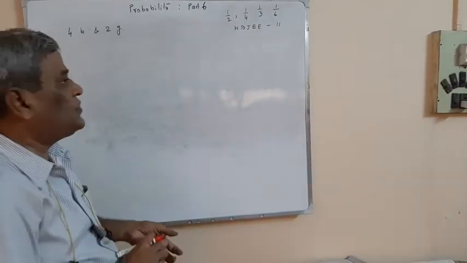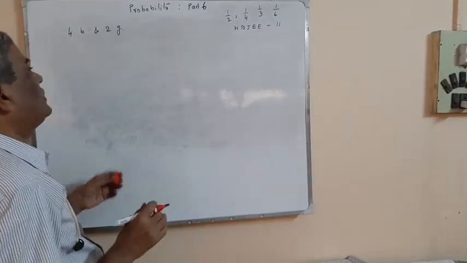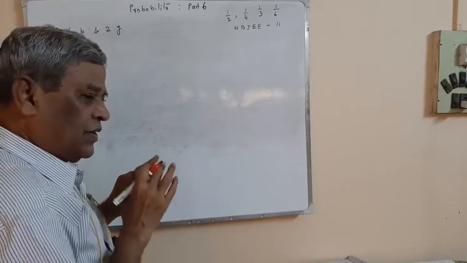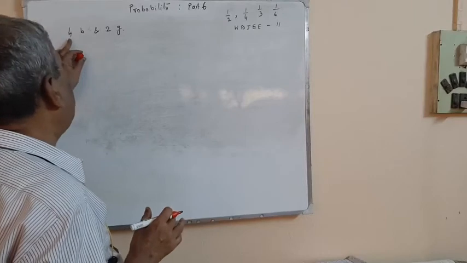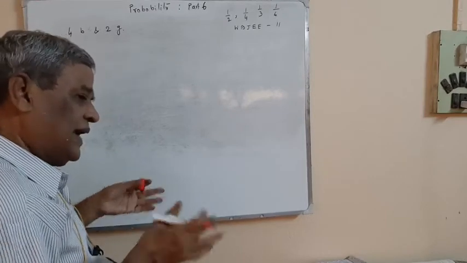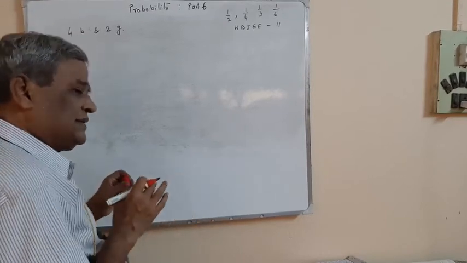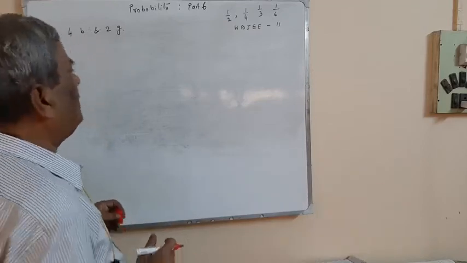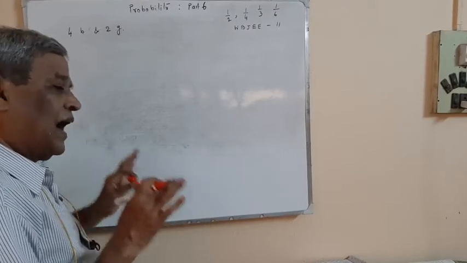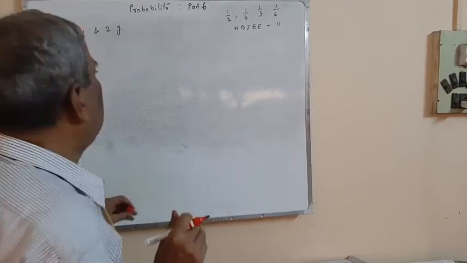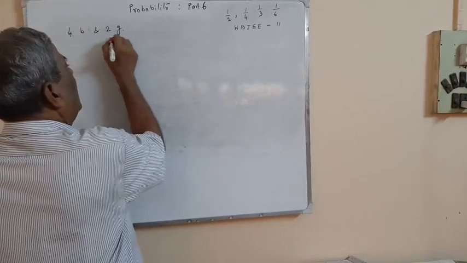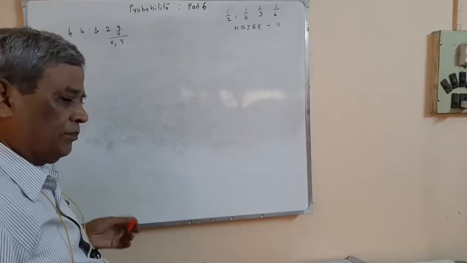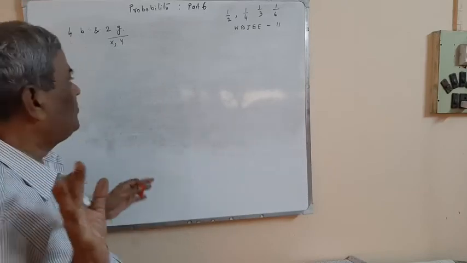This is also very straightforward because actually there are 6 candidates. Of them, 4 are boys and 2 are girls, and they take their seats at random on a line, on a row, and we have to find the probability that the girls are side by side. Suppose the two girls are X and Y. Take them as a single unit.